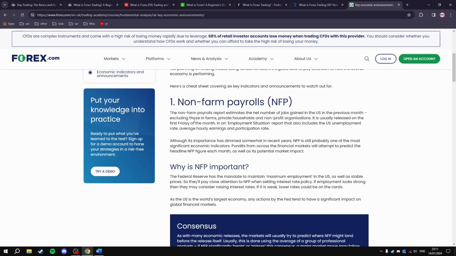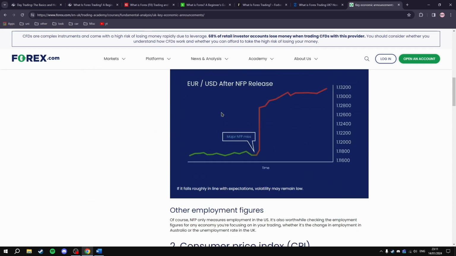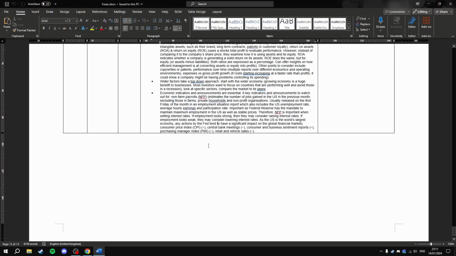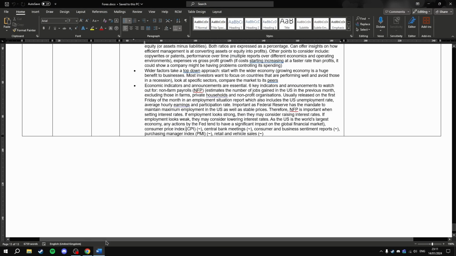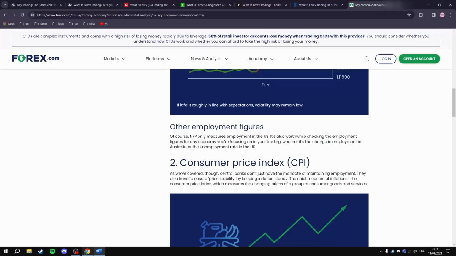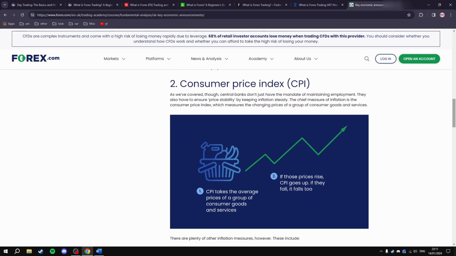We finished reading the first one, which is the non-farm payrolls, but we ran out of time, so I started making notes on the other factors: the consumer price index, central bank meetings, consumer and business sentiment reports, purchasing manager index, and retail and vehicle sales. So let's carry on with the consumer price index section then.